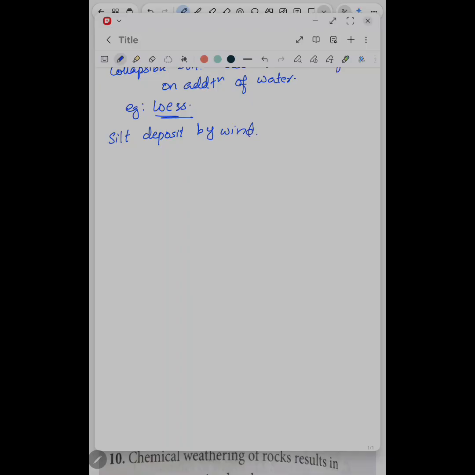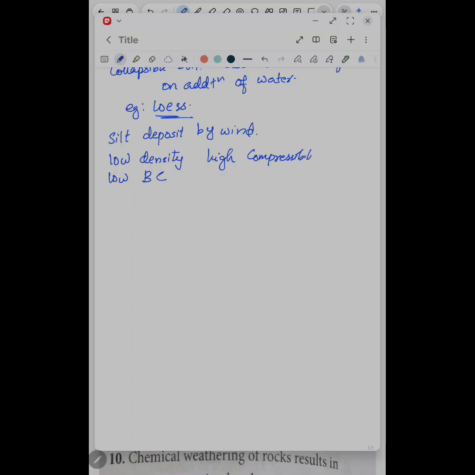So the volume of the soil decreases on addition of water. We can also say that these deposits have low density, very low bearing capacity, and high compressibility.